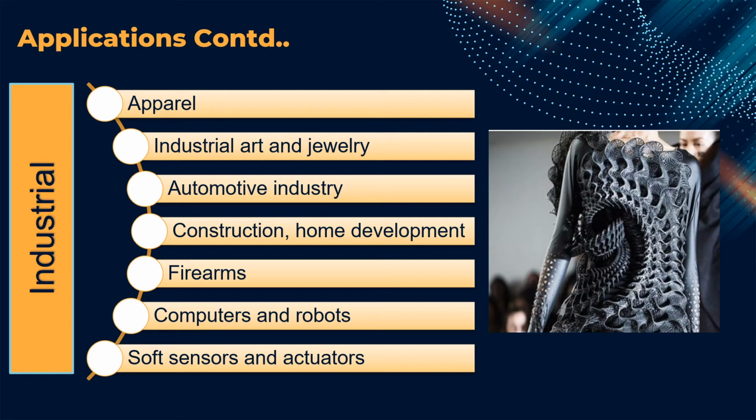It is also used in construction or home development, producing firearms, and making parts of computers and robots. It has found its place in soft sensors and actuators manufacturing inspired by 4D printing concepts.